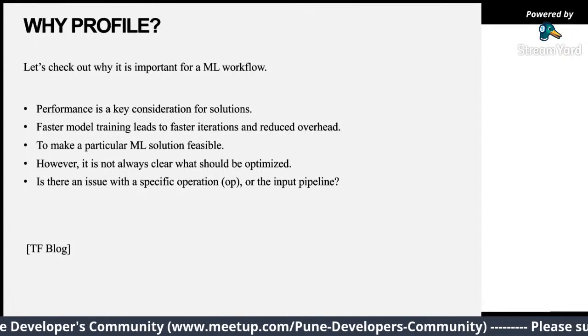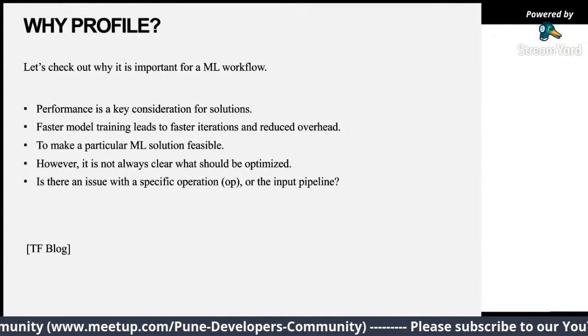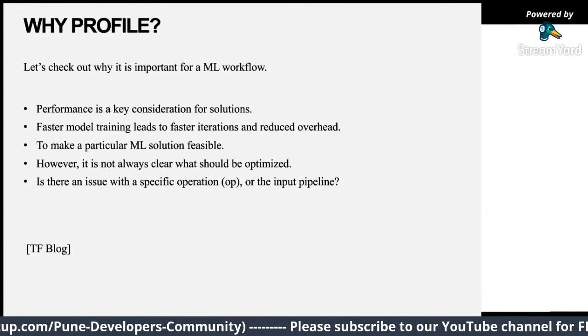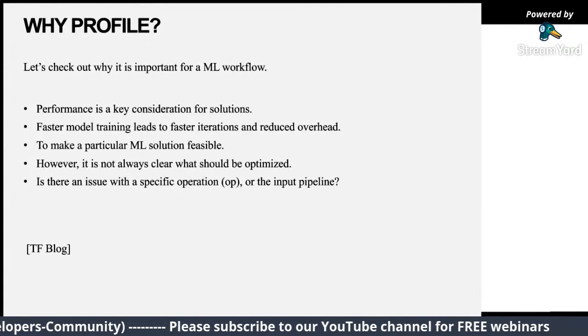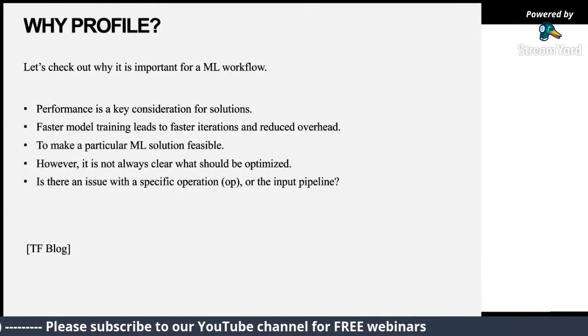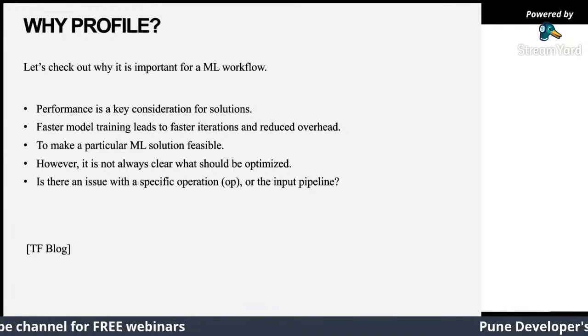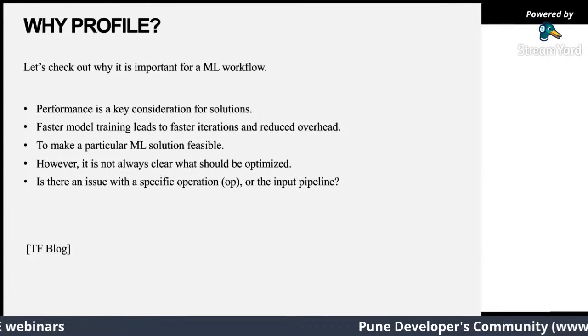But the more important part is that it is not always clear what needs to be optimized. Say I have a data set, like the ImageNet data set, or my own data set, and it's around, let's say, 1 GB.